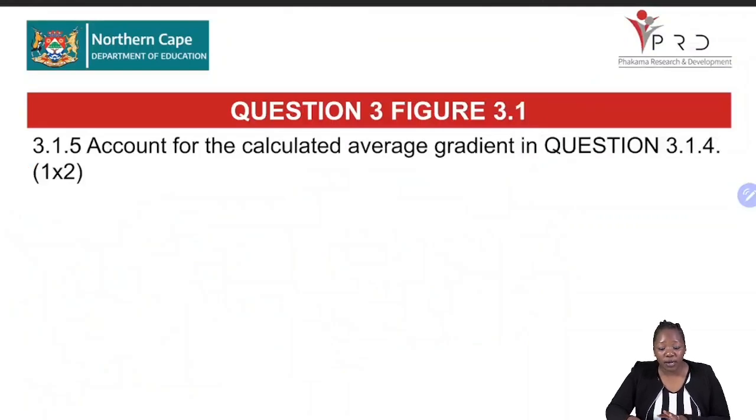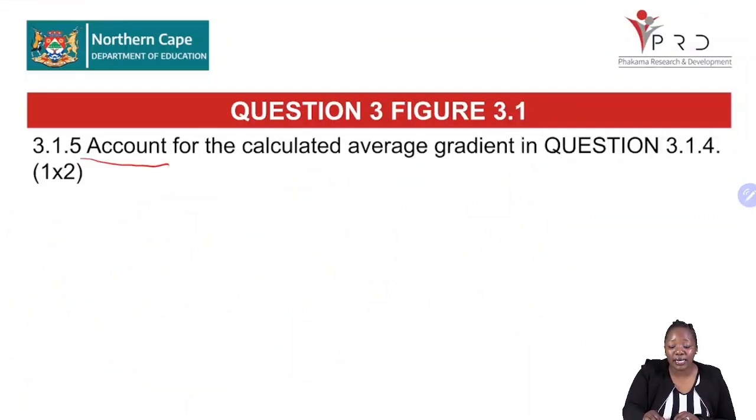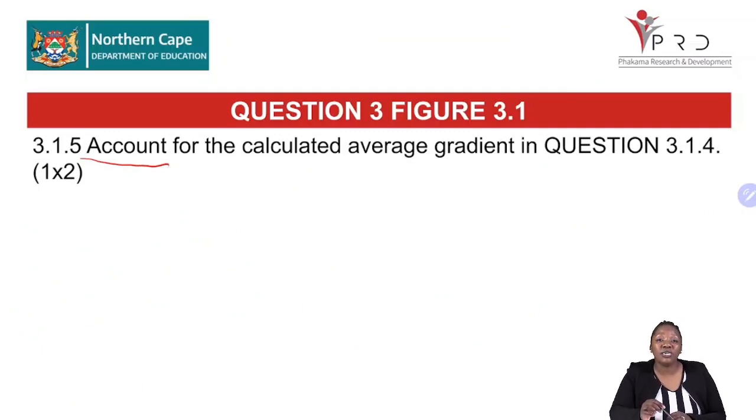Your question 3.1.5, it's saying account for the calculated gradient. Remember, we said you need to underline the action word so that you understand what you should do in that question. So if the question says account, it means explain. So account for the calculated gradient in question 3.1.4.